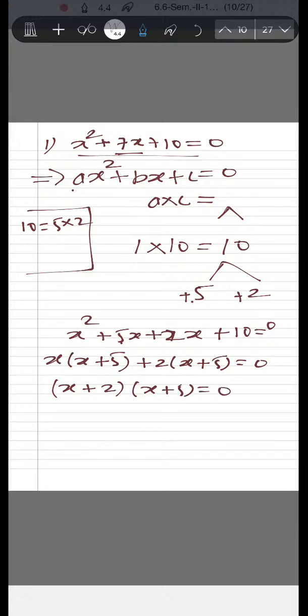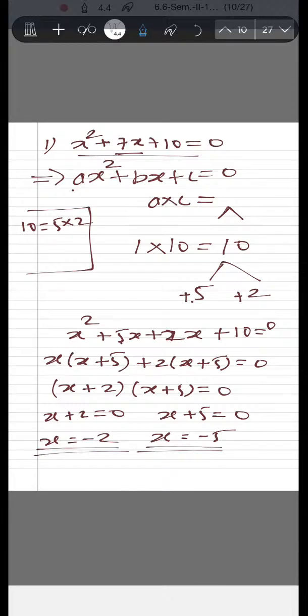Okay, again, x plus 2 is equal to 0 and x plus 5 is equal to 0. So after simplification I will get x is equal to minus 2 and x is equal to minus 5. So here are the roots of the given equation. That's it. And that is nothing but the factorization method. What we have done is factorize the middle term and then easily find the roots.